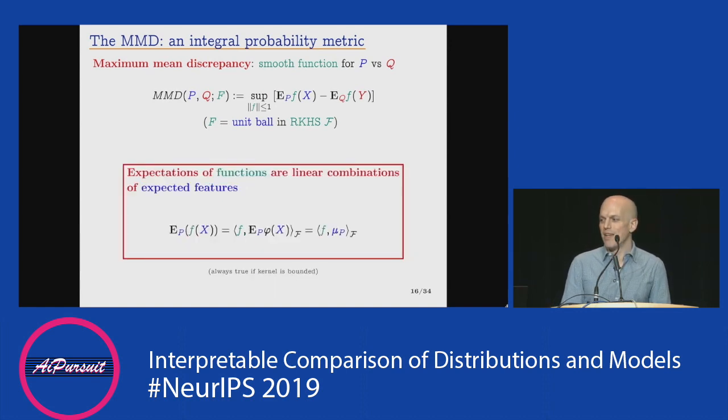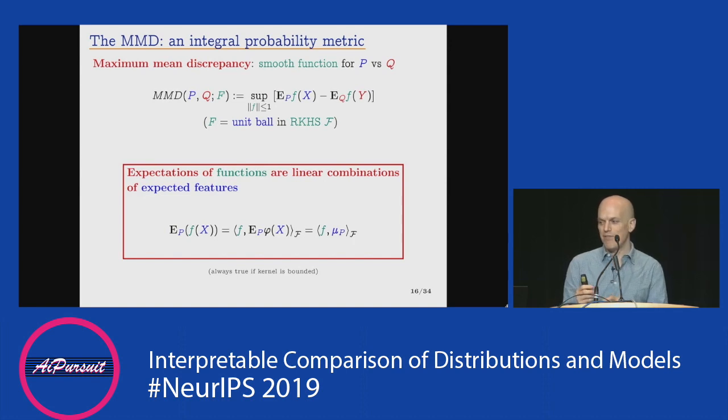Okay. So one very nice property of using functions in an RKHS is that I can take their expectations quite simply. So remember, I need to take the expectation under P of f minus expectation under Q of f. It turns out the expectation of f of x is a dot product of the coefficients f and the expected features of x, okay?